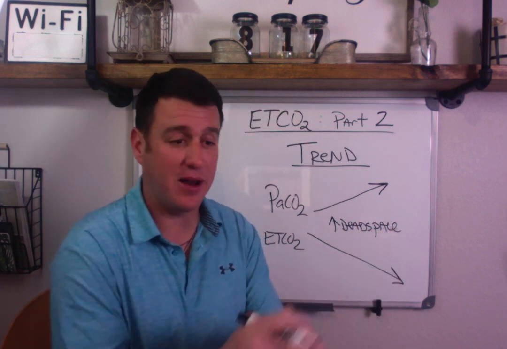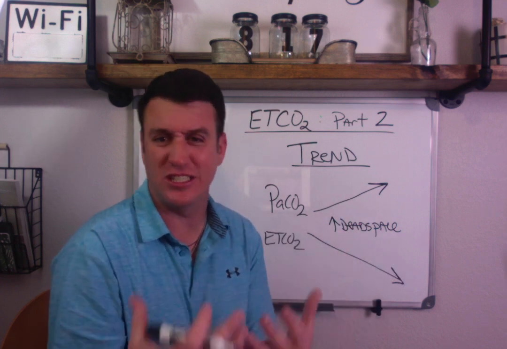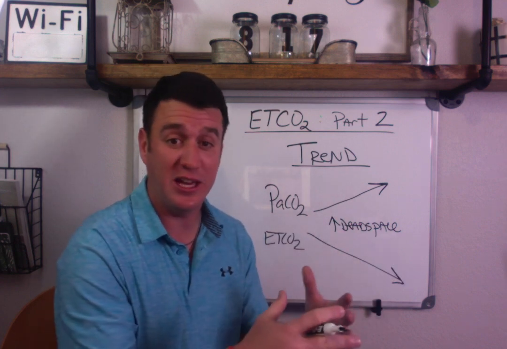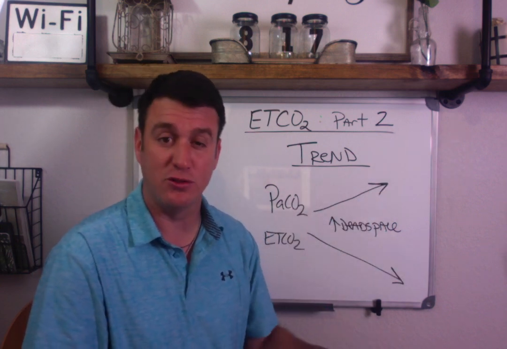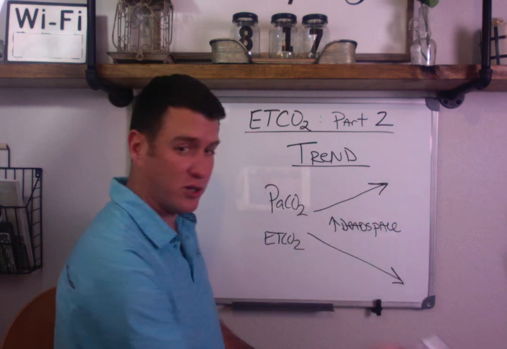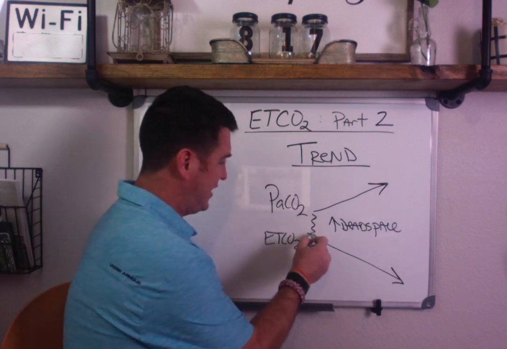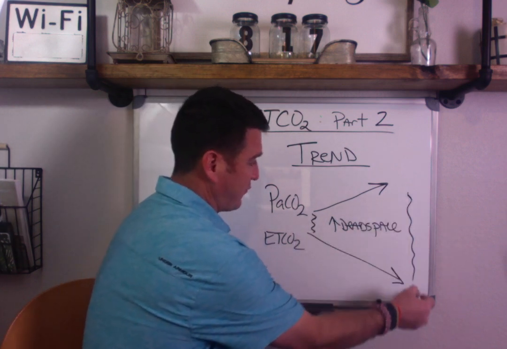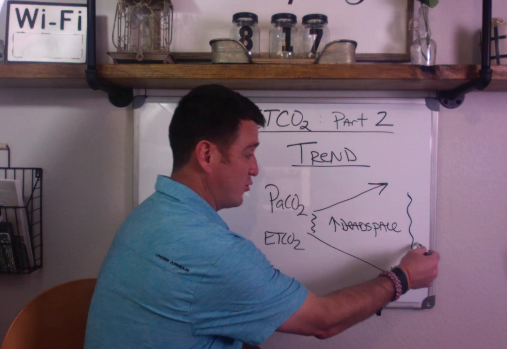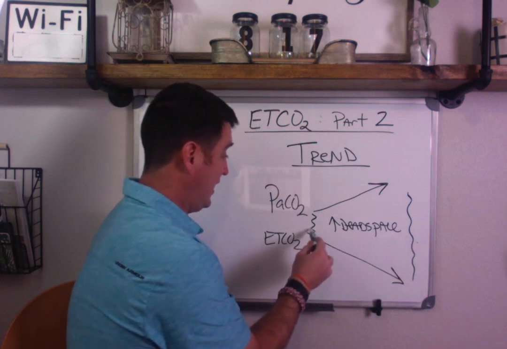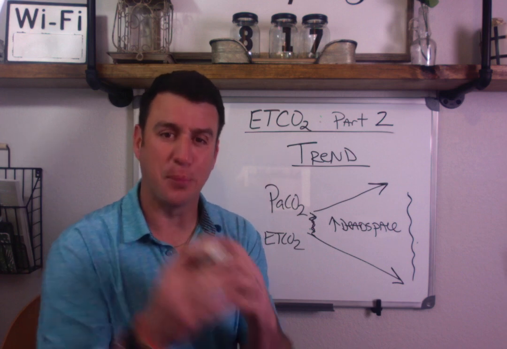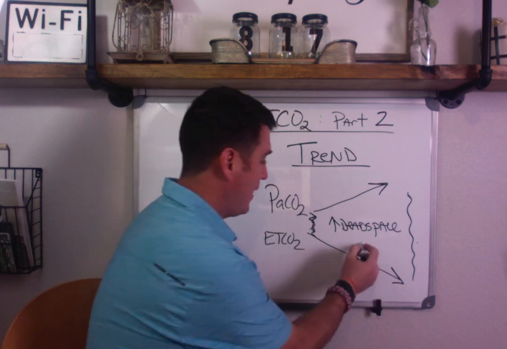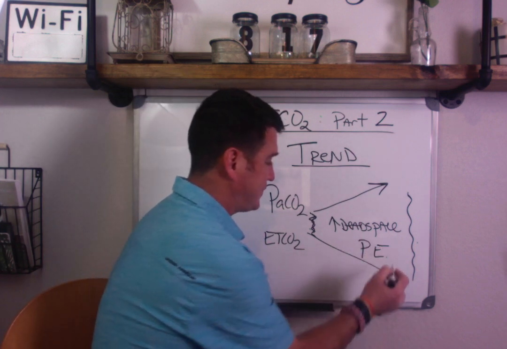I'm not talking about a stable dead space such as emphysema. I'm talking about suddenly you have a rise in your CO2, but you have a decreasing end-tidal CO2, so your gradient now is getting larger. You can see here where your difference here is much smaller than your difference here. So this is an increased gradient, increased from the initial gradient. And the answer here is the presence of a developing pulmonary embolism.